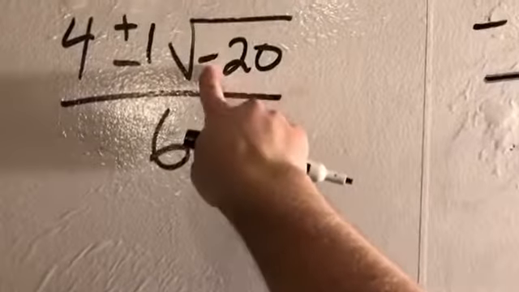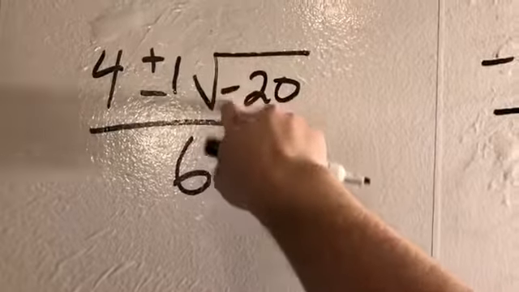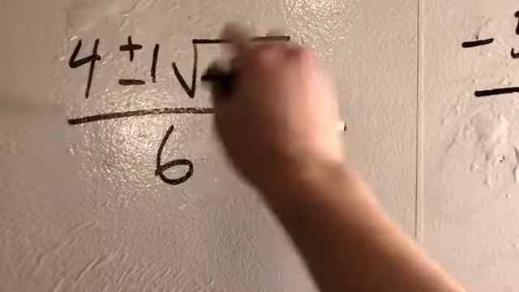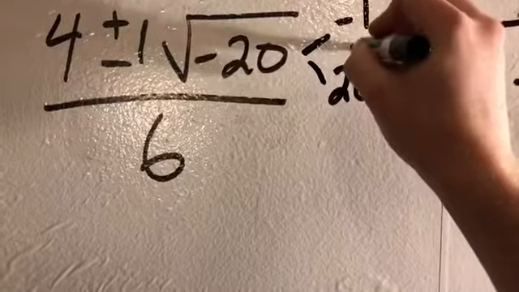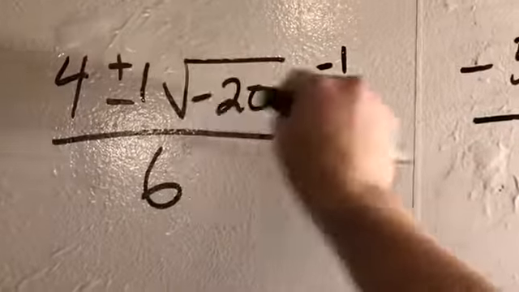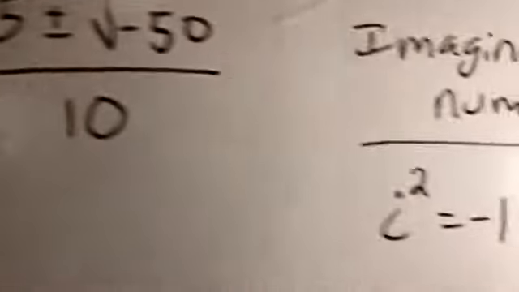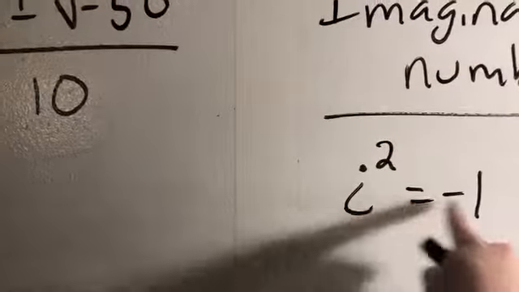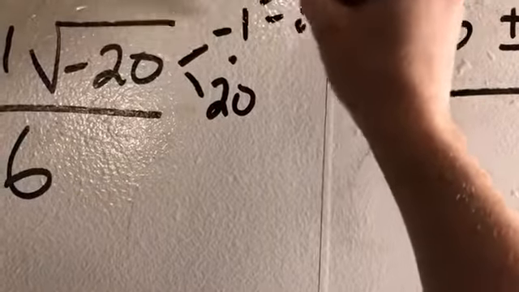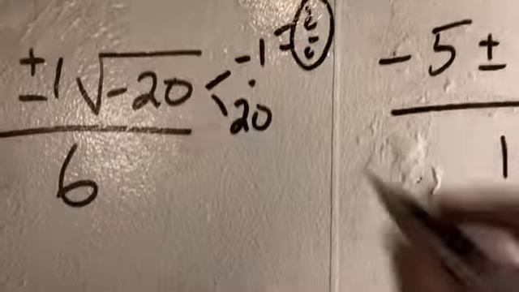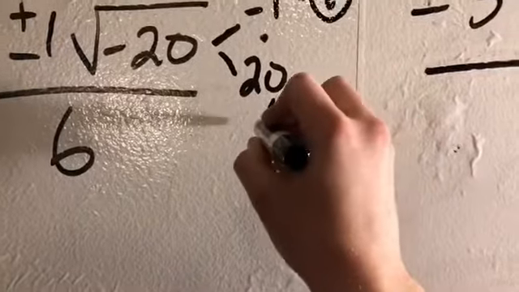And anytime it's negative, no matter what, you must reduce the negative out of the square root. So I'm first going to separate out negative 1 times 20. Whenever you have a negative, separate that negative 1, because negative 1 is the same as i squared. So negative 1 will give me a pair of i's. And now we'll start breaking down 20 like normal.